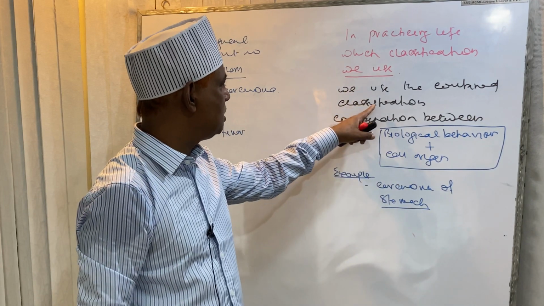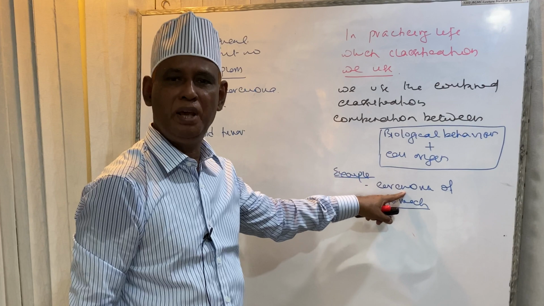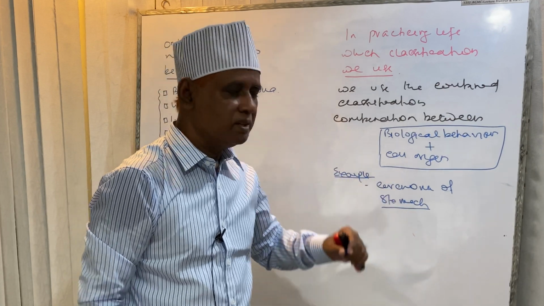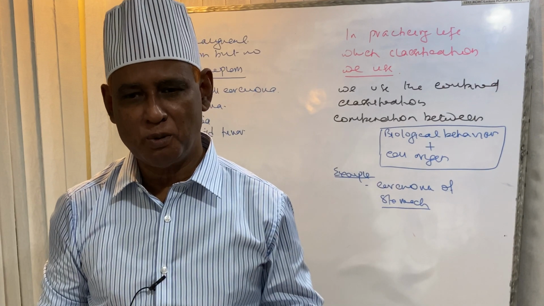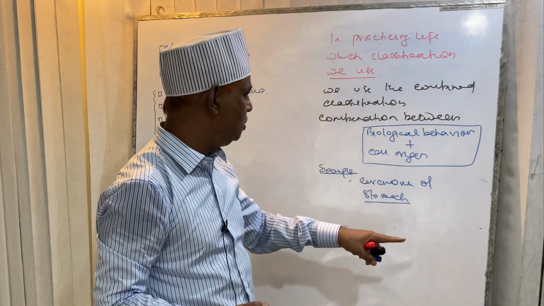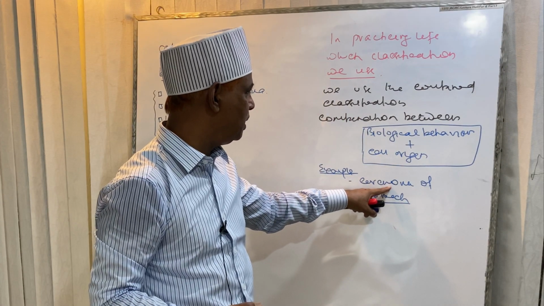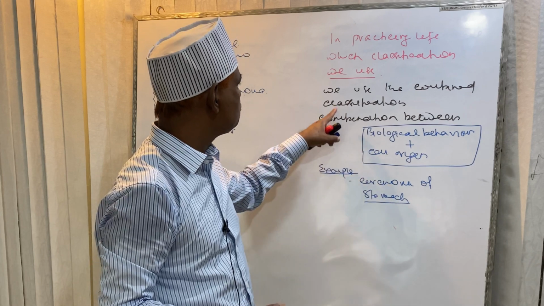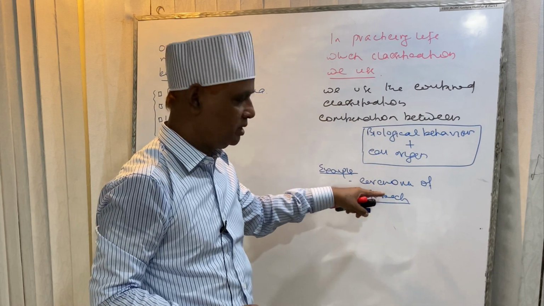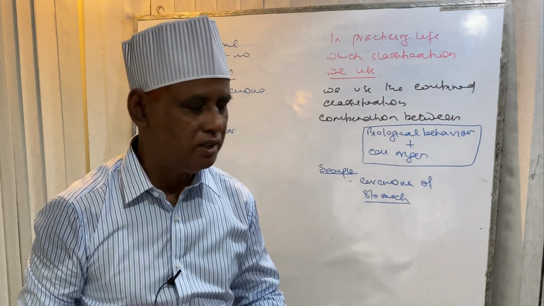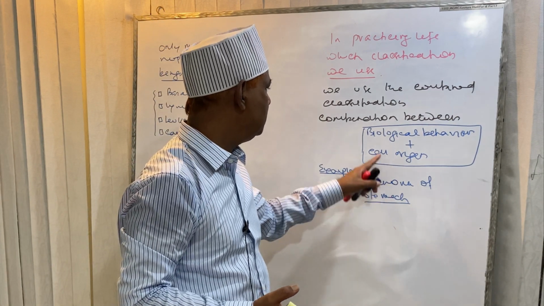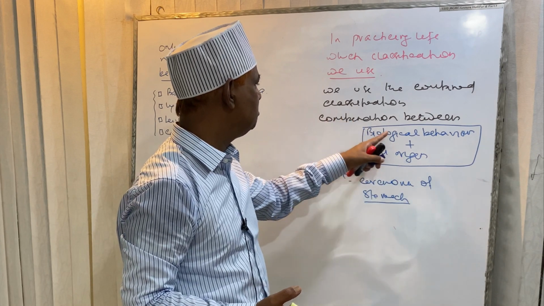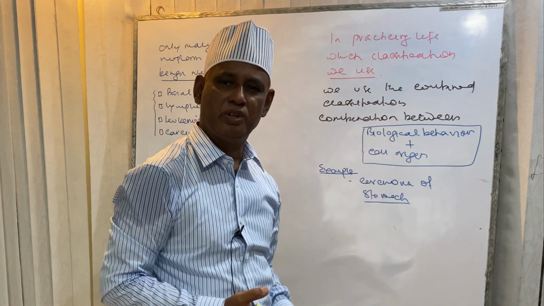So, on the basis of biological behavior, it is a malignant tumor, and carcinoma arises from the epithelial tissue. So carcinoma of stomach is nothing but a combination between the biological behavior and cell origin.